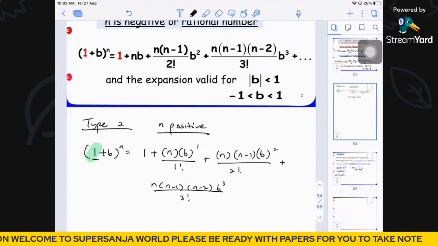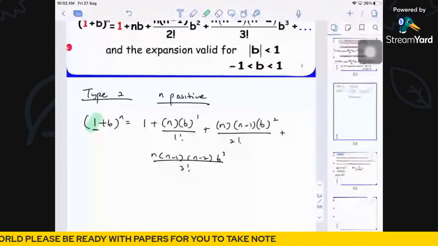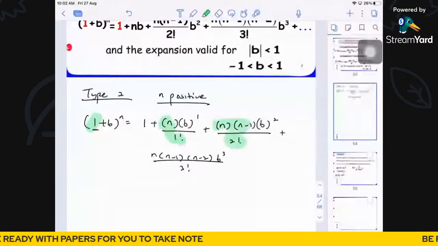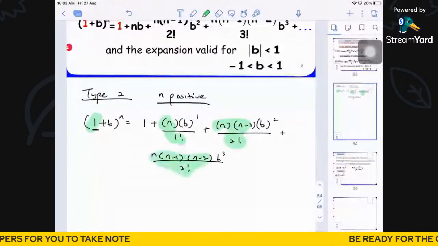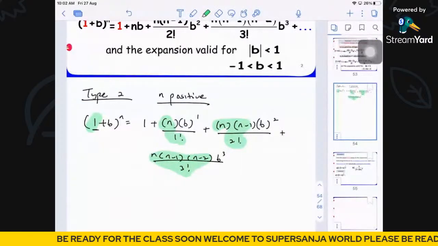So if you notice one thing, what is going on over here, this highlighted part is actually your NCR. But NCR only can apply when the n are positive integers.